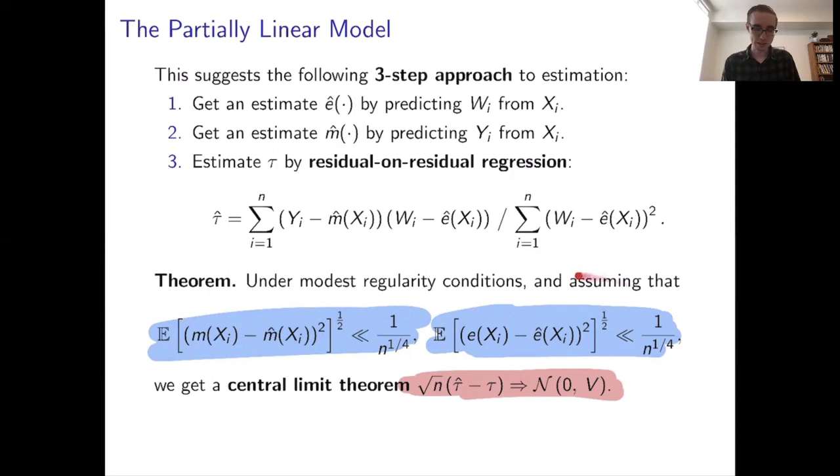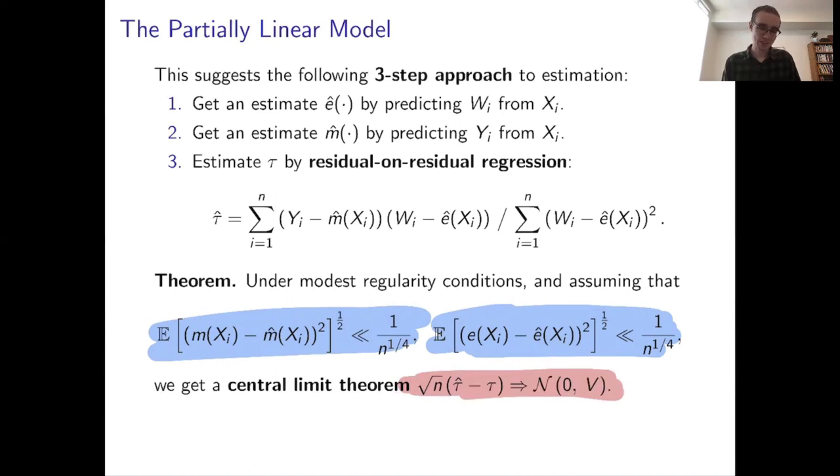But this theorem tells you that the garbage in, garbage out principle doesn't hold here. You're allowed to have estimates whose typical errors are on the order of n to the minus one fourth. So that's a pretty big error scale. And yet, just like with the AIPW estimator, the errors are going to cancel out in just the right way.